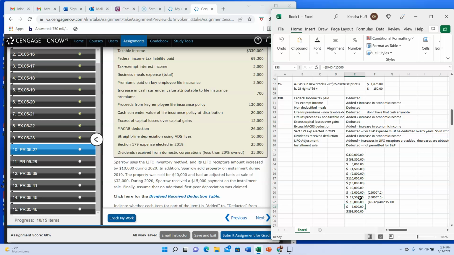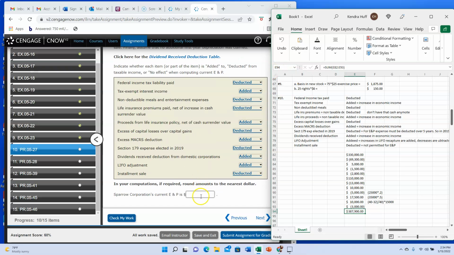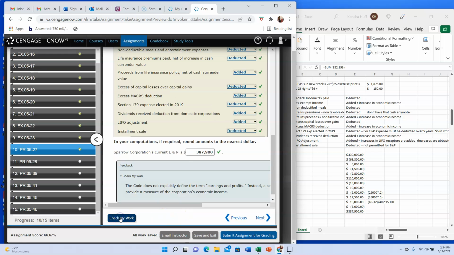Oh, this is supposed to be minus 3,000. There. $387,900. Let's see if that's right. Yes, okay.